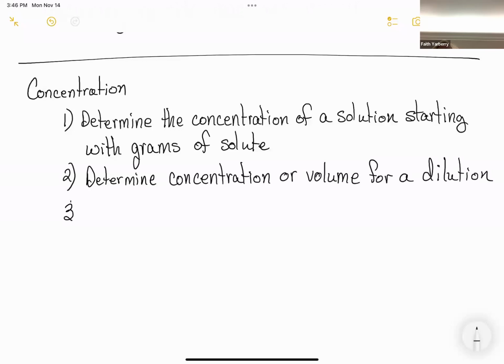The third thing we will be doing is simple conversions involving concentration.